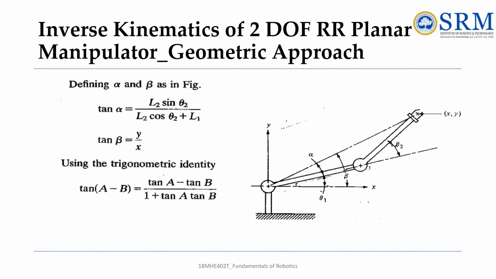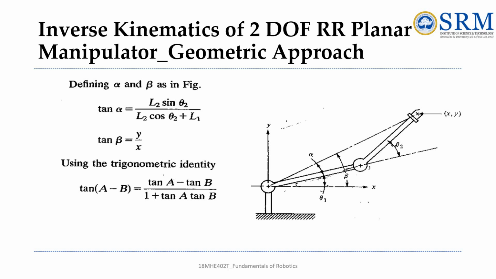Next, we have assumed some angles as alpha and beta, right? That also can be found. Here tan alpha is L2 sin theta 2 by L2 cos theta 2 plus L1, and tan beta is y by x, which is what we saw as tan inverse of y by x.